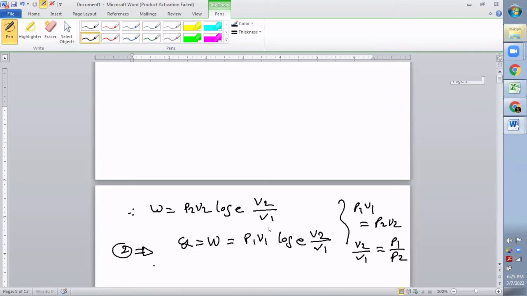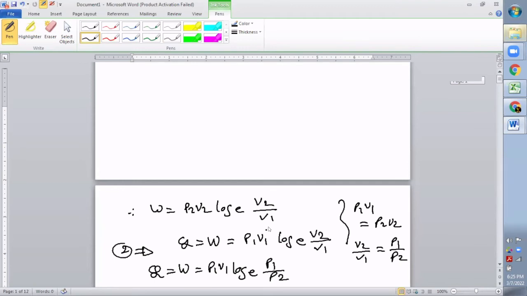So we can write Q is equal to W is equal to P1 V1 log to the base e P1 by P2. Getting, all of you? Yes or no? All of you with me? Yes, sir.